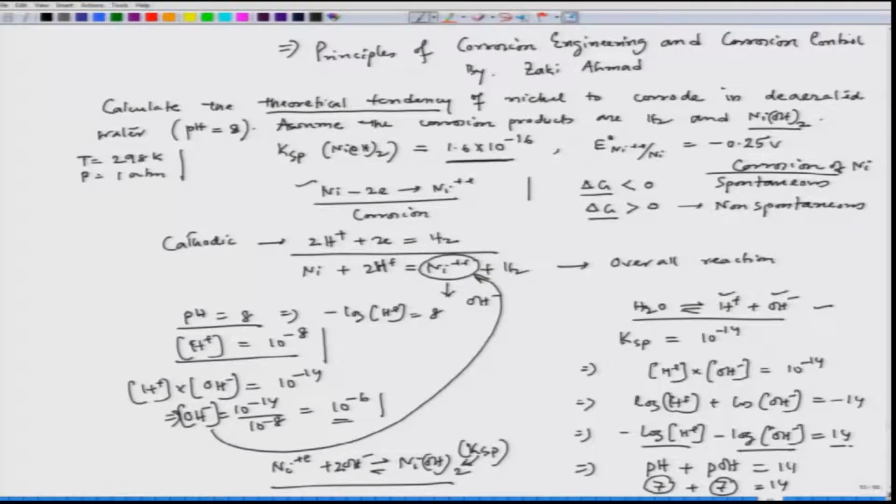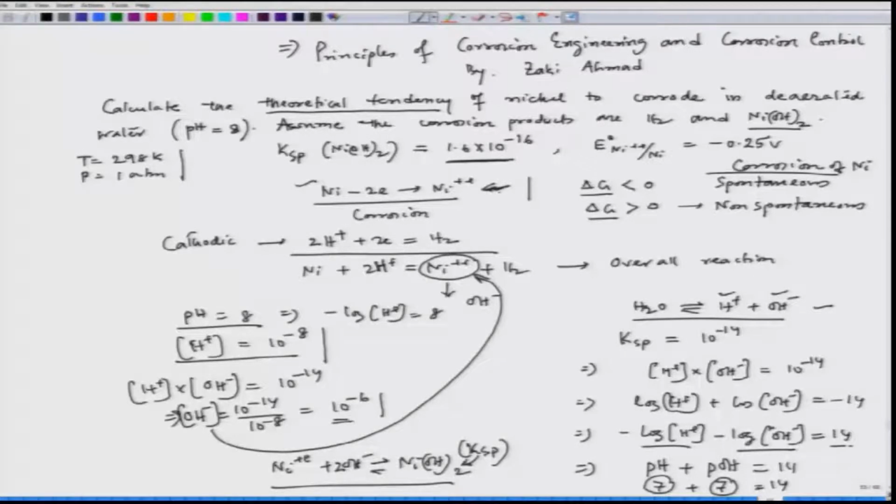Once we know the concentration of Ni2+ in the solution, we can find out the potential that would generate for this particular reaction in that solution. And since we know pH, we can also find E1 and E2, and then take the difference between these two potentials.